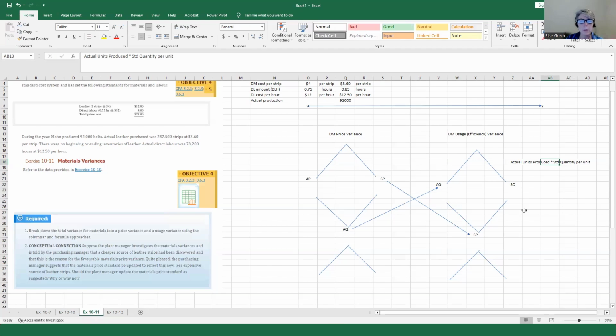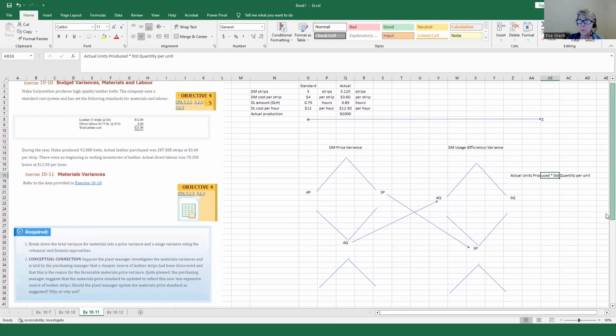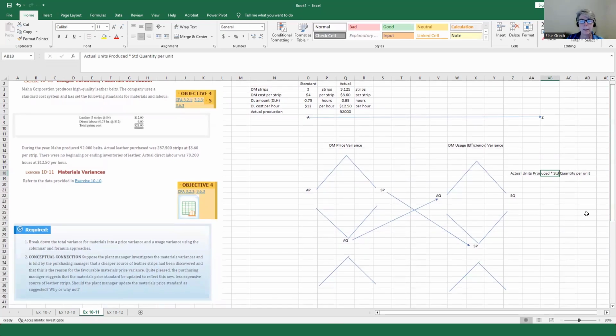Okay, so this is it. If we could fill out these blanks, then we're good to go. We're just going to do the multiplication from here over to there, from there over to here, from there to there, and from there to there, and then I'm going to get the difference between these two numbers, and it's going to give me my variances. So rather than memorizing a whole bunch of information, I don't need to do that.